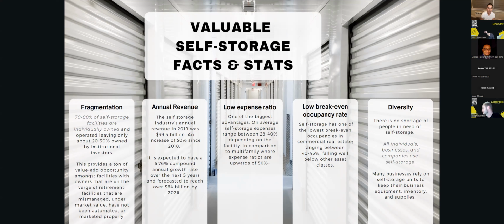Low break-even occupancy rate. Self-storage also has one of the lowest break-even occupancies in commercial real estate, ranging between 40 to 45%, which falls well below other asset classes. So with that specific deal that I have been mentioning, because that is my experience in self-storage, so I can obviously speak to that much better.